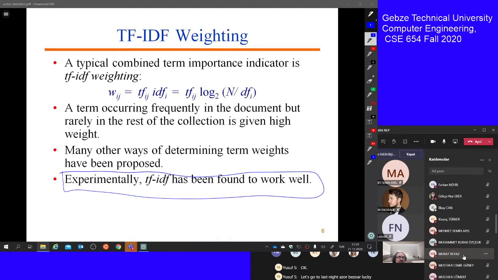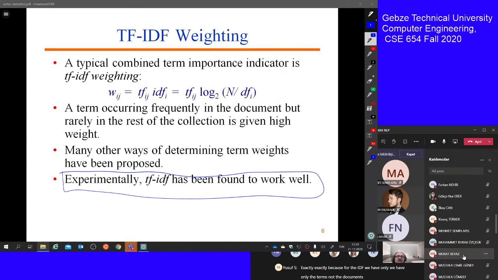Murat Beyaz. Murat, could you tell me why we don't have a J under IDF? Because in IDF we are checking for all documents, not for a specific one. Exactly. For the IDF we have only the terms, not the documents.